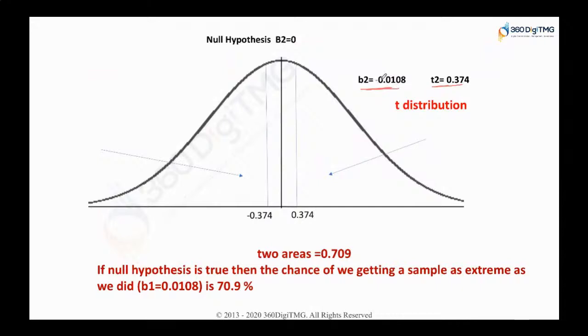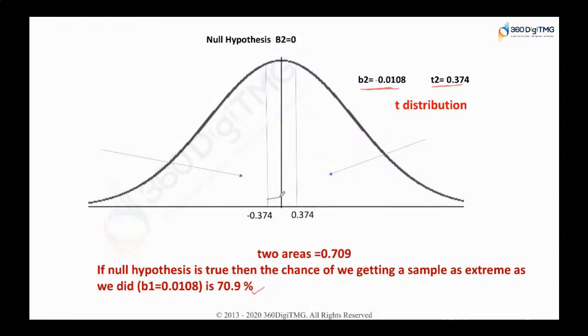So what does it mean here? When you get the p-value as 0.709, how far is it from 0 so that we can reject the null hypothesis, H naught? The p-value is the probability of getting a sample as extreme as this if H naught is true. What is the chance here? 70.9%.